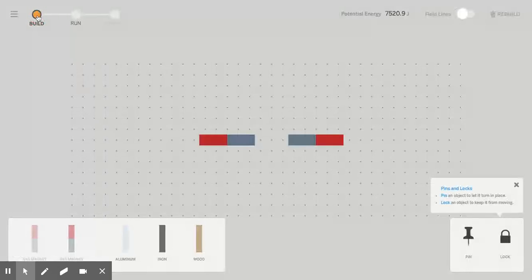I'm wondering what happens when I move them so that they're 9 centimeters apart. So I'm just going to pull them, let's see, 1, 2, 3, 4, 5, 6, 7, 8, 9 centimeters apart. And so now we have 7,223.3 joules.